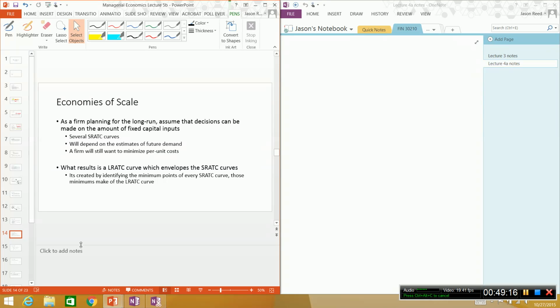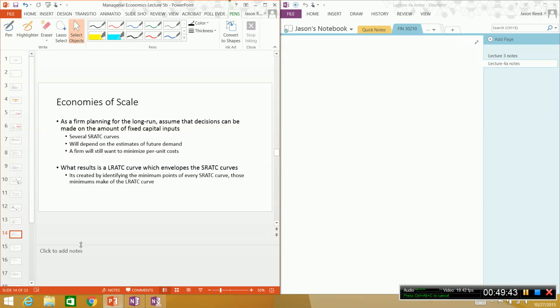And these plans are going to be dependent upon what we believe future demand will be, future supply is going to be. So we take in all of these future expectations and create these short-run ideas, which we are then going to use as a blueprint for the long run. And regardless of what happens here, firms will always want to minimize per unit costs. Always, always, always. So that's going to tell us something else.